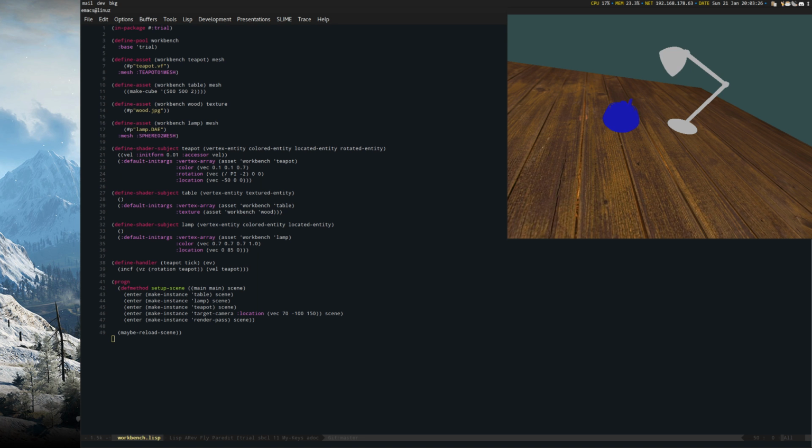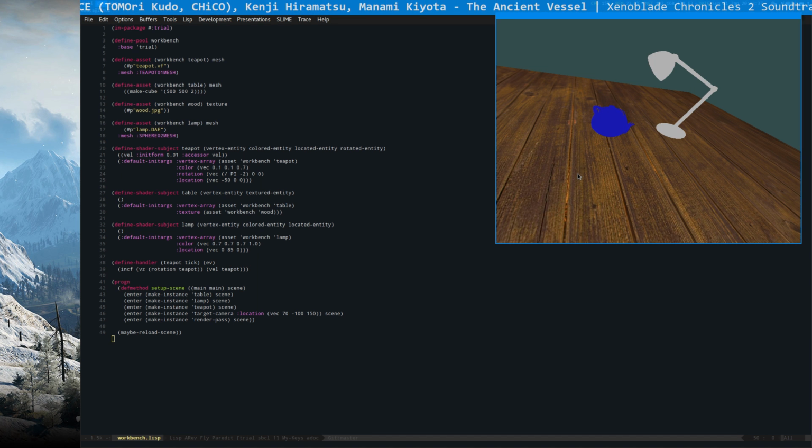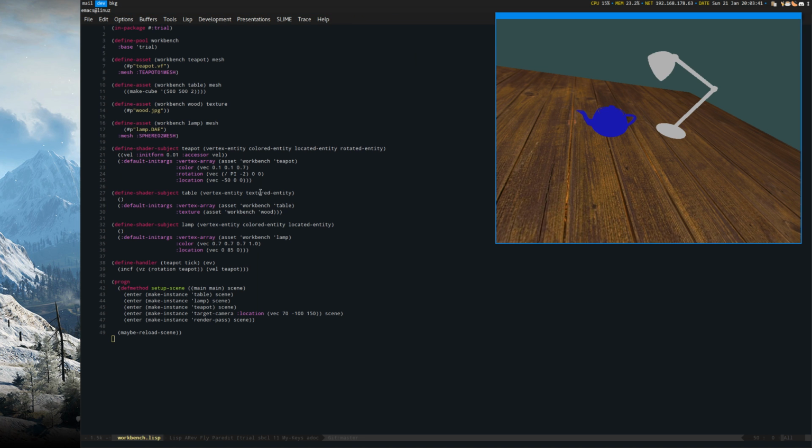So the Phong reflection model or illumination model is basically a combination of 3 different illuminations, I guess. Ambient, diffuse, and specular. The idea being that ambient is sort of a global illumination, which is basically just a constant factor by which you're illuminating things.